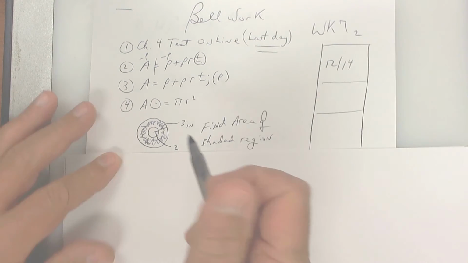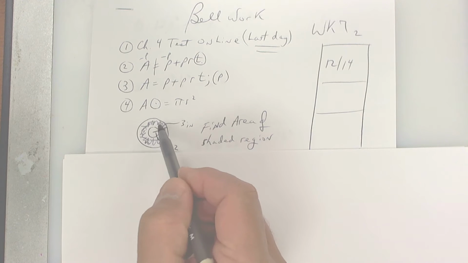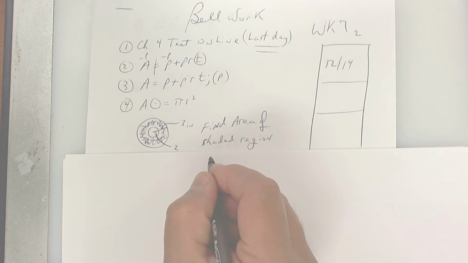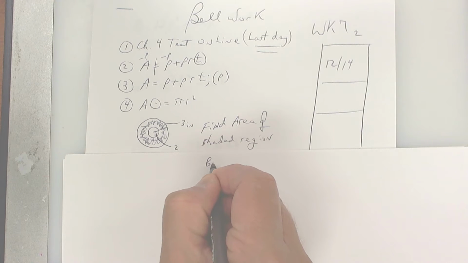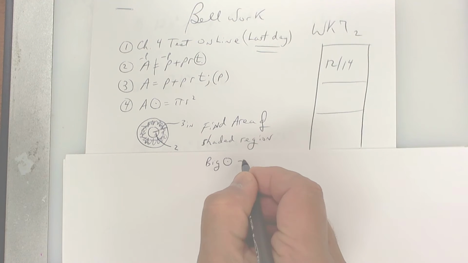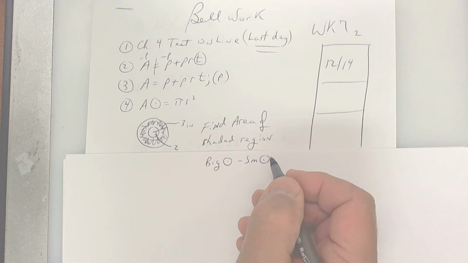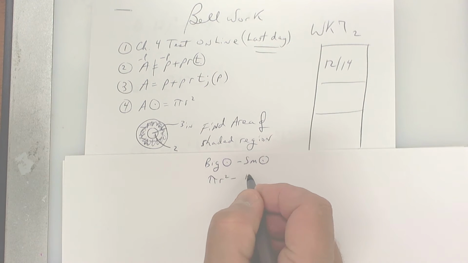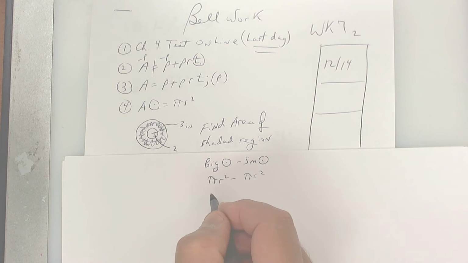This right here, they want you to find the outer portion. It's kind of like a donut. There's the hole. So it's going to be the big circle minus the small circle. The big circle is pi radius squared minus the little circle, which is also pi radius squared. I'm going to leave it in terms of pi.